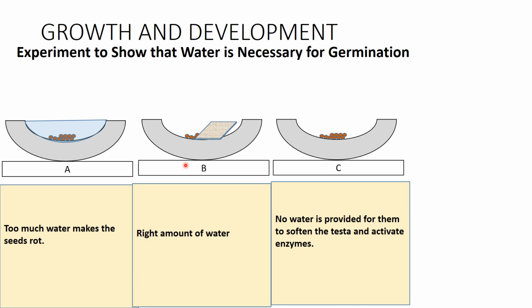Then for oxygen, I forgot to mention, why is it necessary for germination? Oxygen is used in respiration. So a seed is going to make sure that there is respiration when there is oxygen. When there is respiration, energy is going to be released. Remember, respiration releases energy.